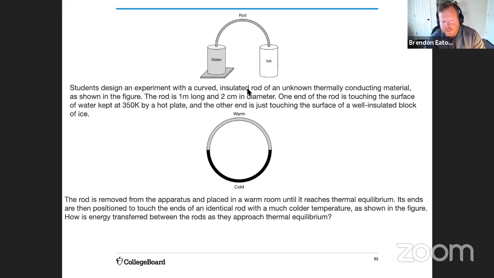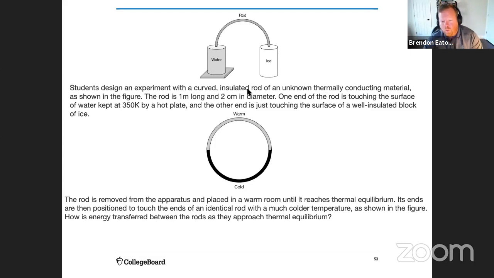Throughout this set of lessons on thermodynamics, we know that we are physically touching two things together. So we know that there's some kind of conduction happening. So the question is asking, how is energy transferred between the rods as they approach thermal equilibrium?